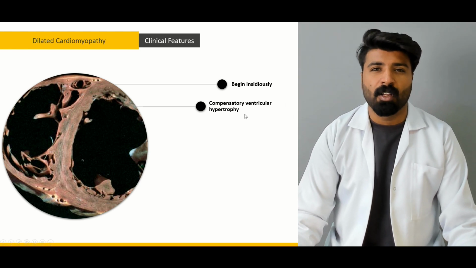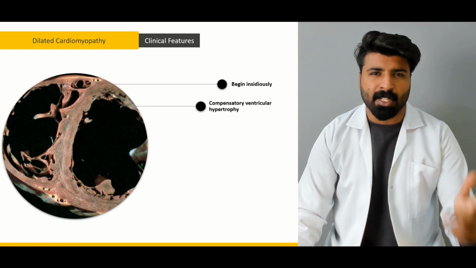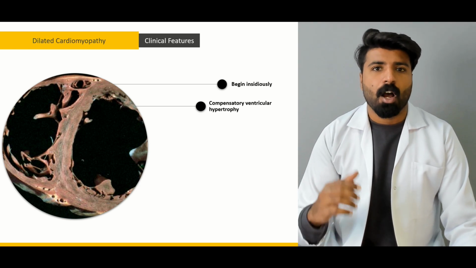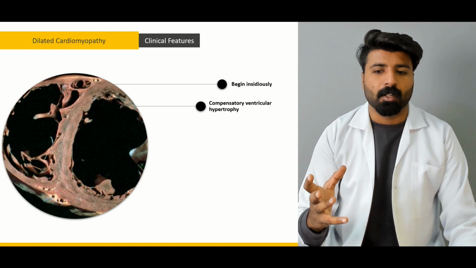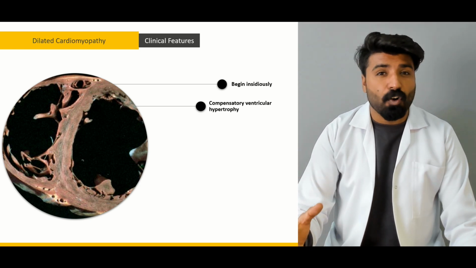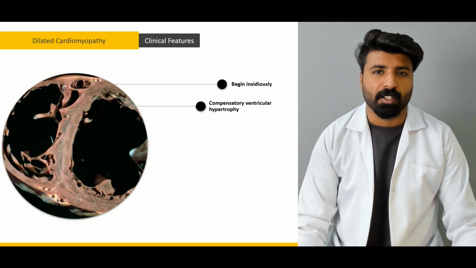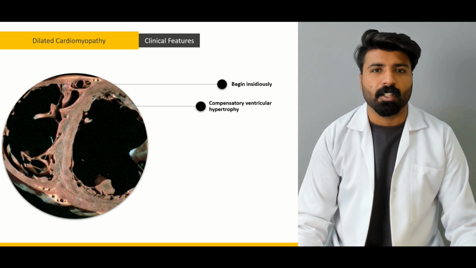Next on, we'll have compensatory ventricular hypertrophy. Now, first of all, we talked about the progression of the disease, right? In the second or third slide, we talked about how, in response to this pathology, hypertrophy will happen. This hypertrophy of the ventricles is called compensatory ventricular hypertrophy.